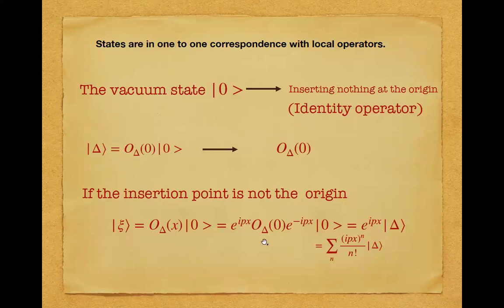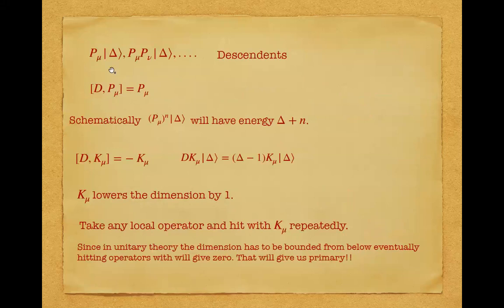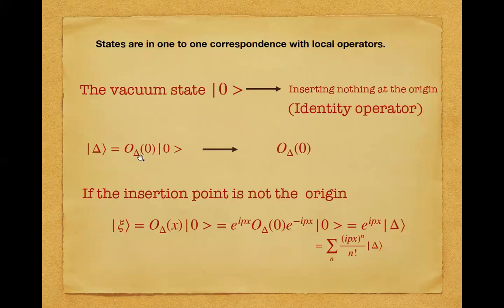So what kind of state will we get? We will get a state where P mu acts once on delta, then twice on delta, and so on. So I get a series where the momentum operator is acting on the state multiple times. Now this O delta 0, what I am assuming is that these are primary fields, so they diagonalize under the action of the dilatation generator.